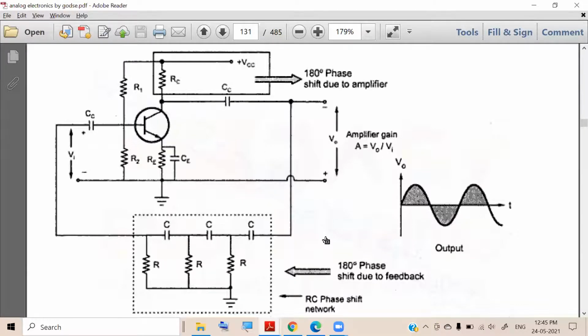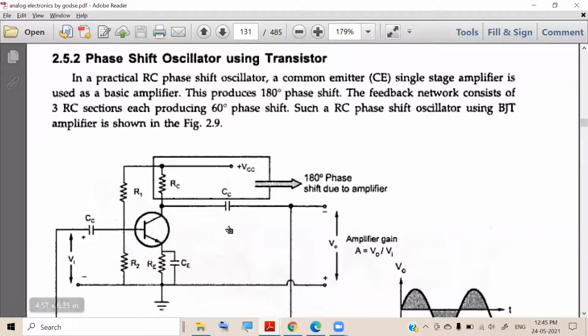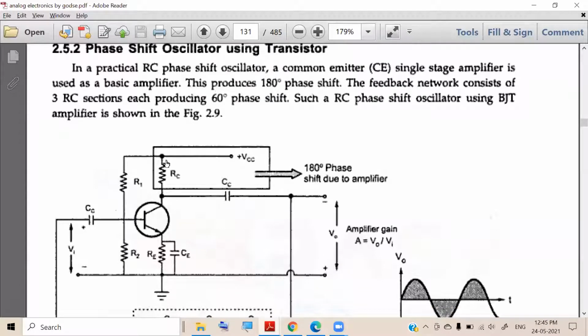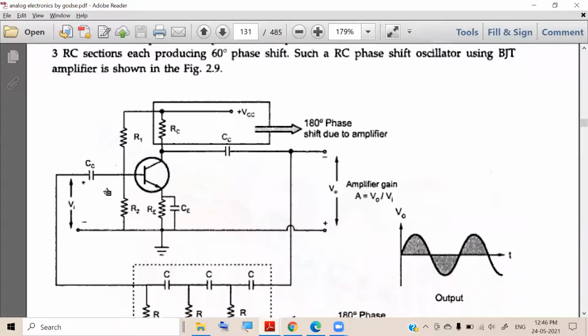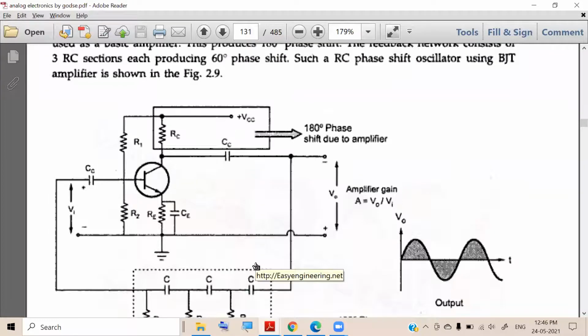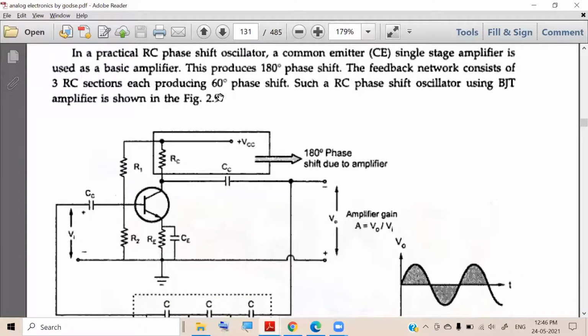So the condition for the RC phase shift oscillator: as I told you, this block is the same, we are taking a single stage CE amplifier as the basic amplifier. This basic amplifier provides 180 degree phase shift. The feedback network consists of three RC networks, and each RC network should provide 60 degree phase shift.